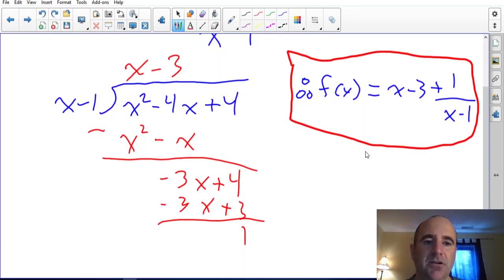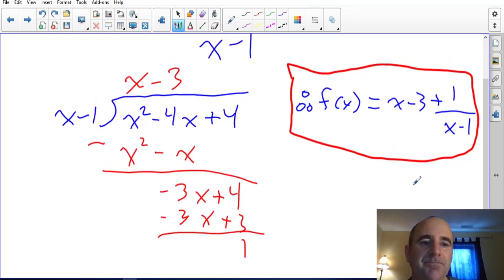So let's think about what happens as x gets very, very large, as x approaches positive or negative infinity. We can start with positive infinity for now. Notice that this stuff right here, as x approaches positive infinity, this fraction gets closer and closer to 0.